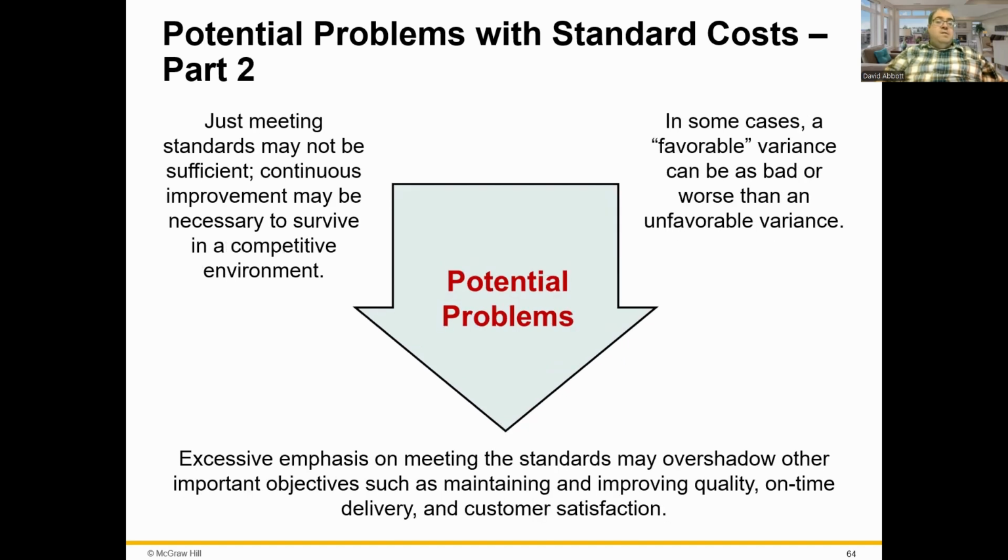Now, in some cases, a favorable variance can be as bad as or even worse than an unfavorable variance.